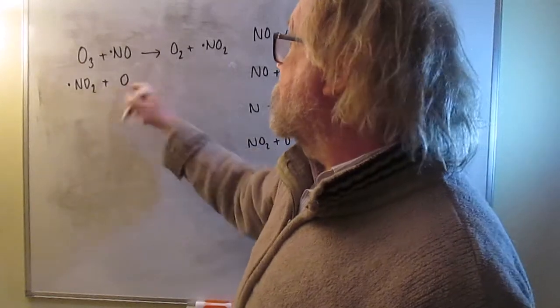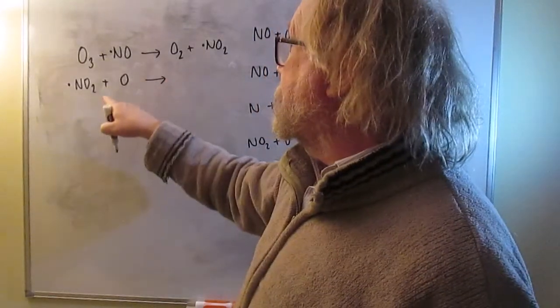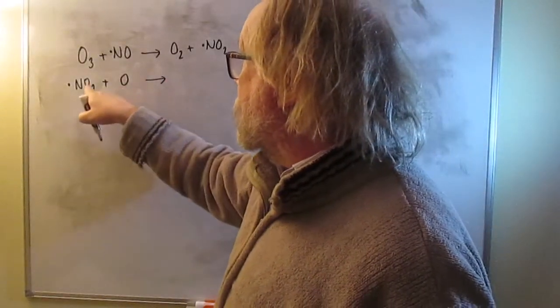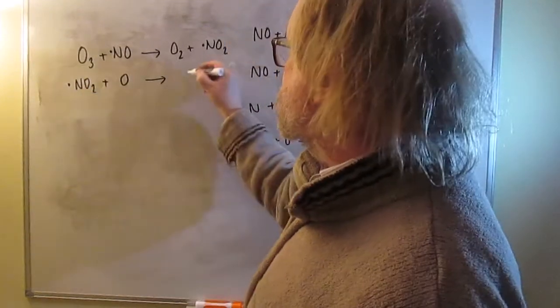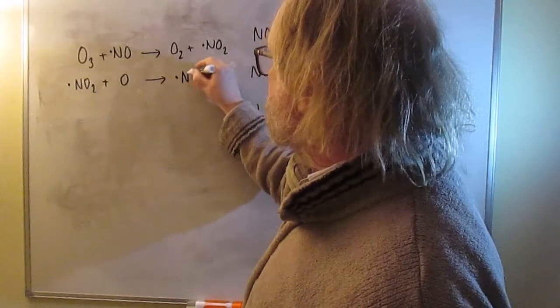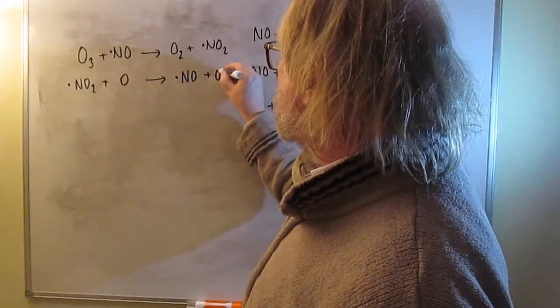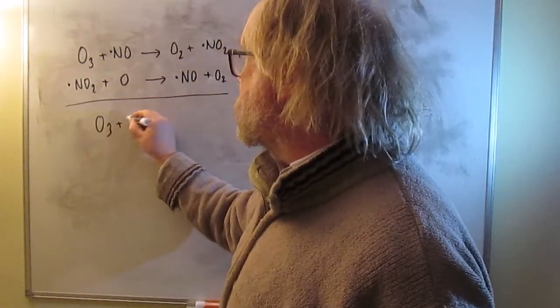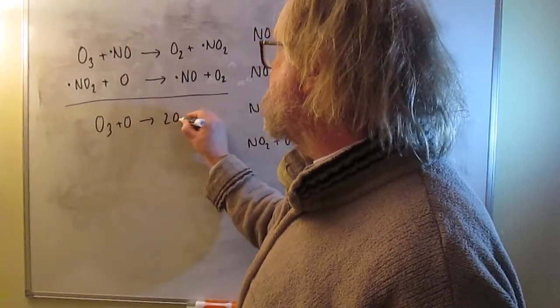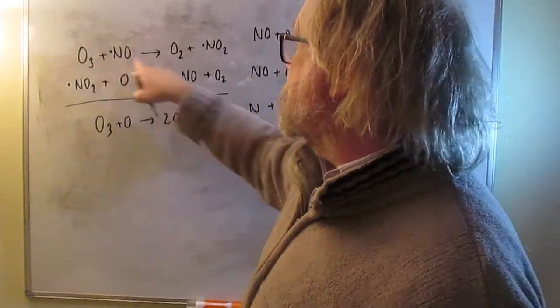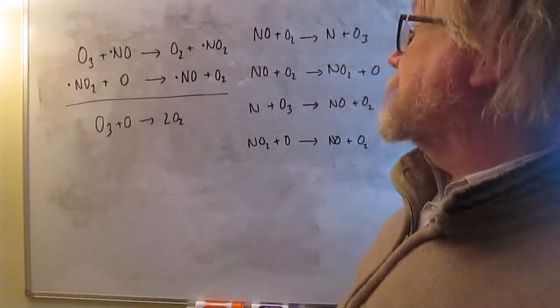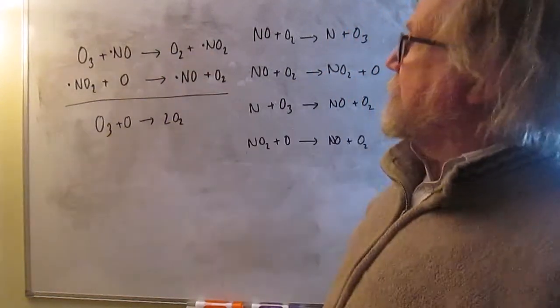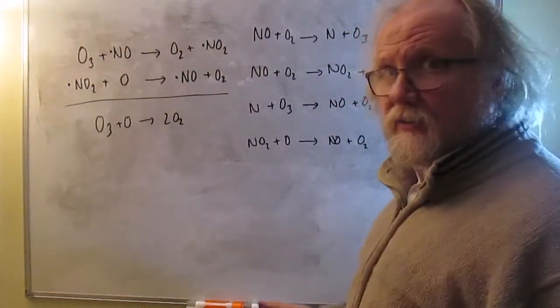So it can react with one of those, and it just grabs one of those oxygens out of there to give you your NO back and form another O2. So the overall reaction is O3 plus O goes to 2O2, because the NO is destroyed in this step but recreated in that one.